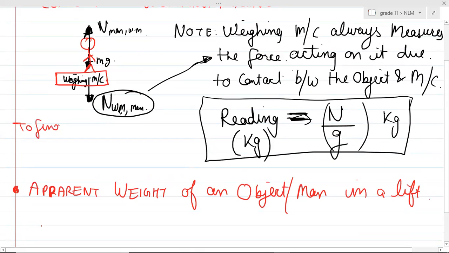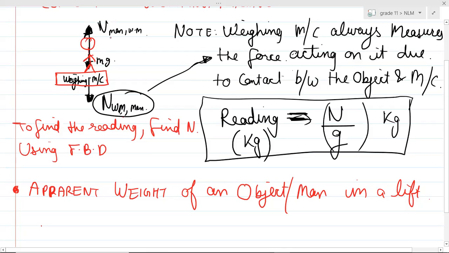To find the reading, find N using the free body diagram of this object. This object was at rest or accelerating, depends on whatever it is.